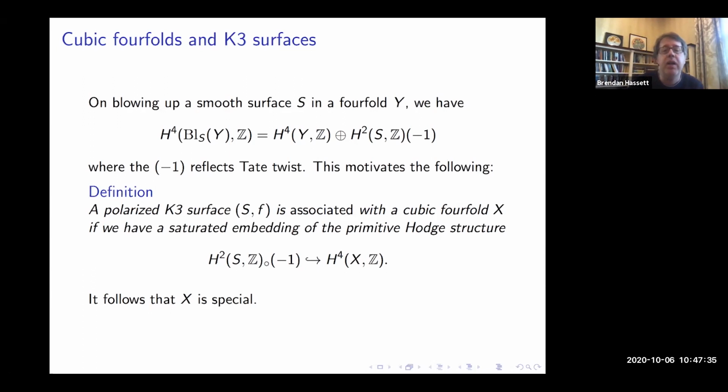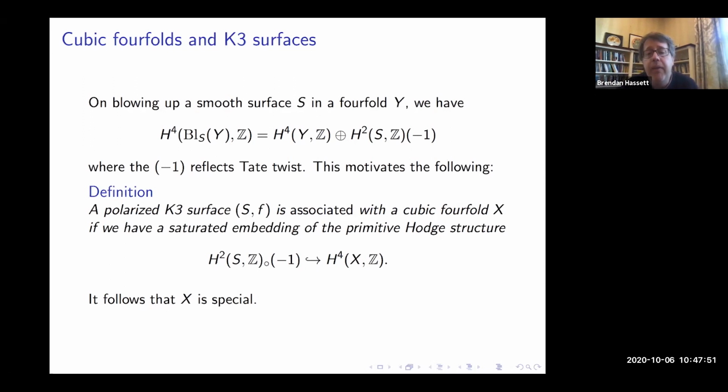And so the definition here reflects a hope or an idea that the cohomology that arises from K3 surfaces should be especially relevant for rationality questions.